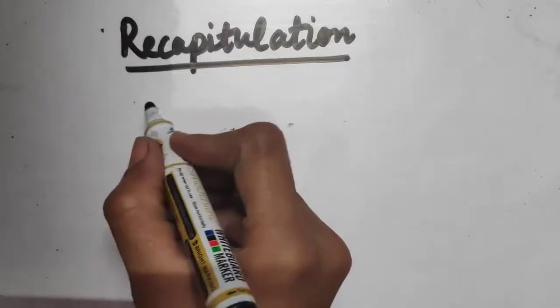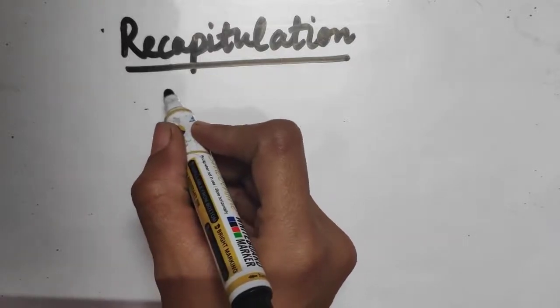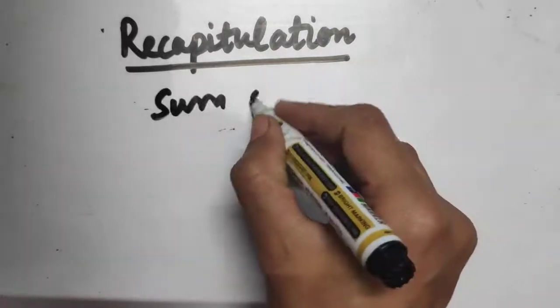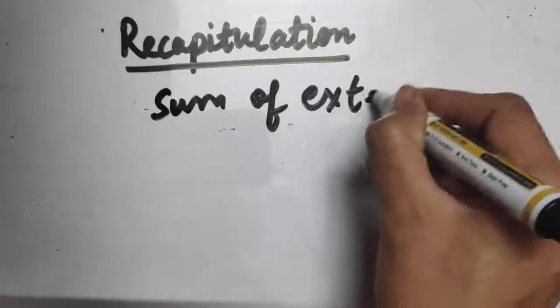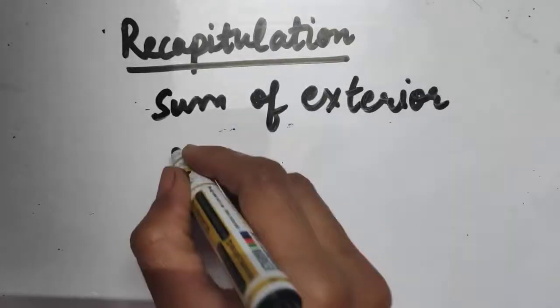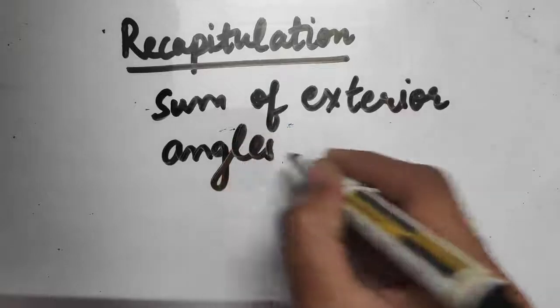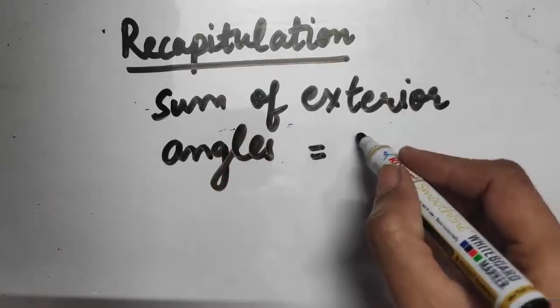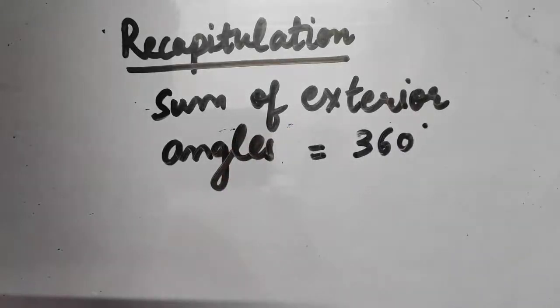Then we have studied about sum of exterior angles of a polygon, that equals 360 degrees.